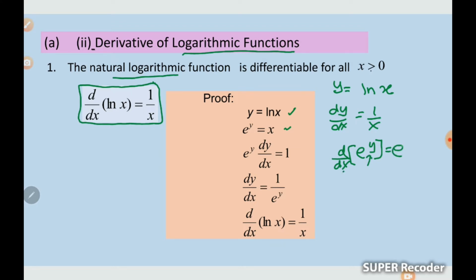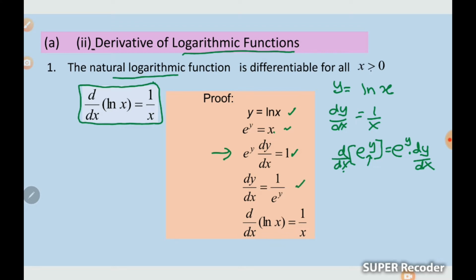So the answer is e^y, and differentiating y itself gives dy/dx, so you must follow by dy/dx. Differentiating x, the answer is 1. So we get dy/dx equals 1 over e^y.